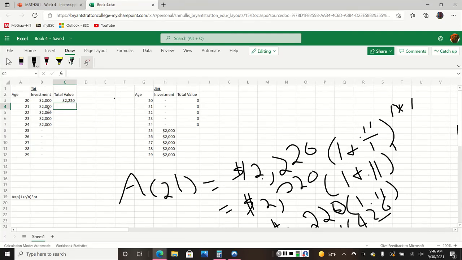But you also invested $2,000 that year. So not only are you investing money, but the money that you invested the previous year is also making money. So in age 21, Taj has $4,464.20.